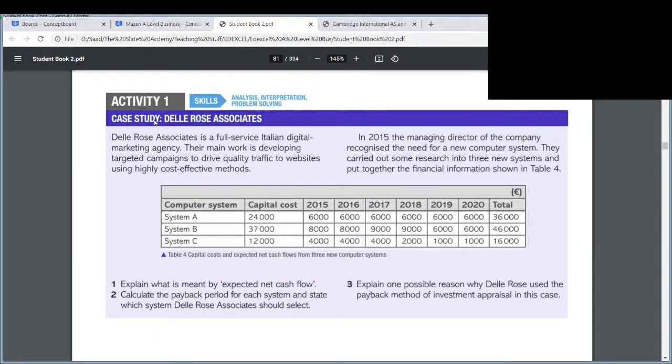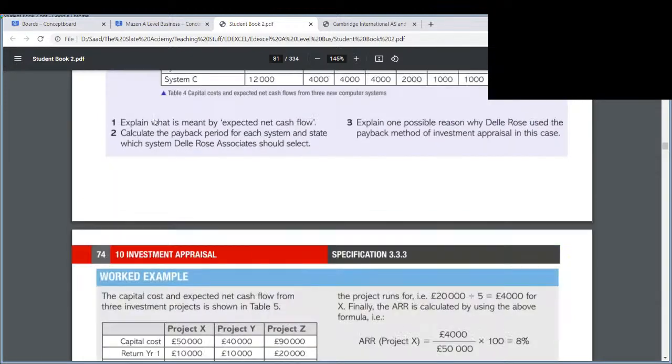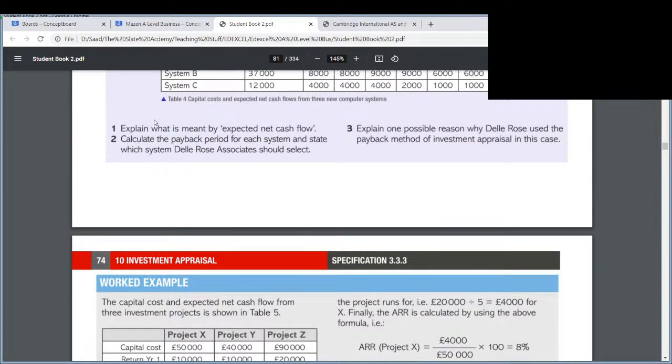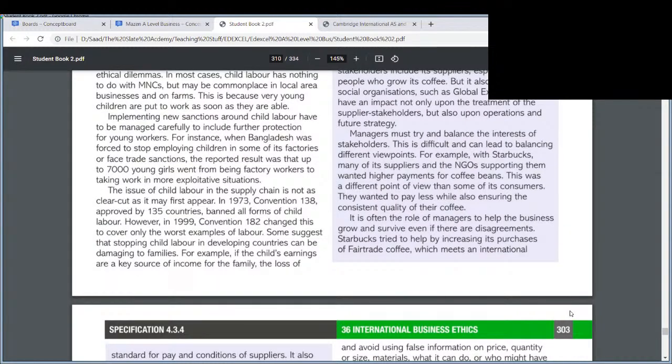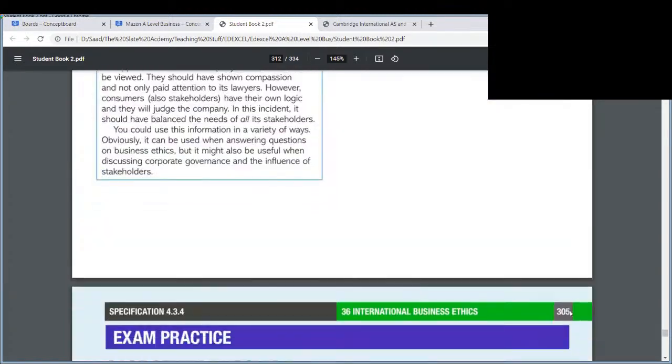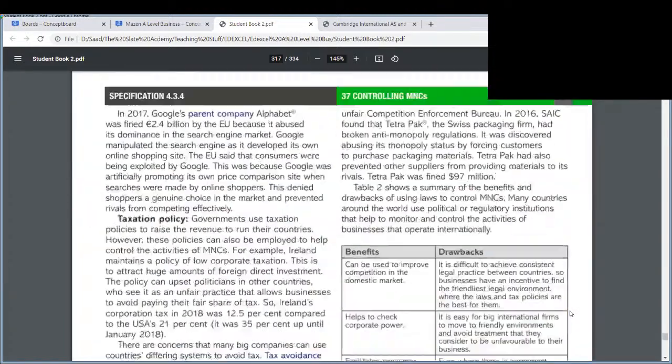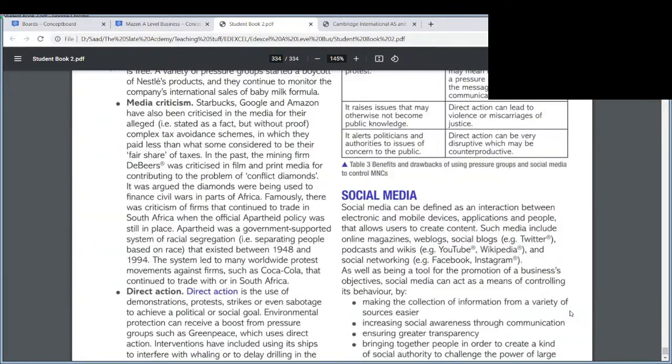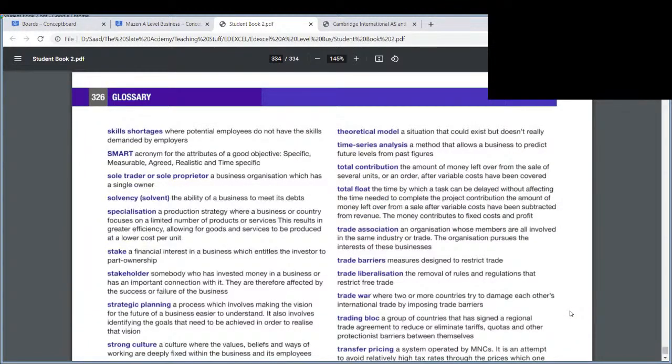This is activity one, and what's the chapter number? Investment appraisal. Let's quickly check. 310.